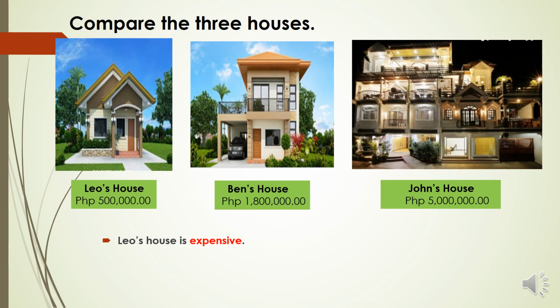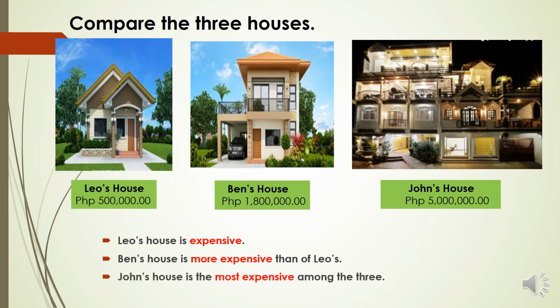Leah's house is expensive. Ben's house is more expensive than Leah's. Jan's house is the most expensive among the three. The words expensive, more expensive, and most expensive are words that describe the three houses.